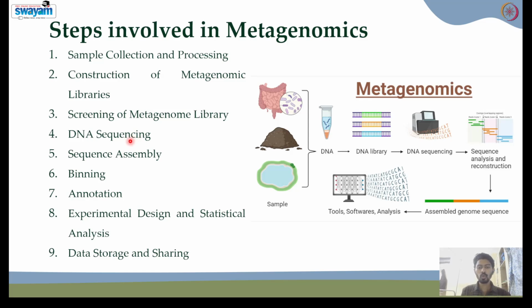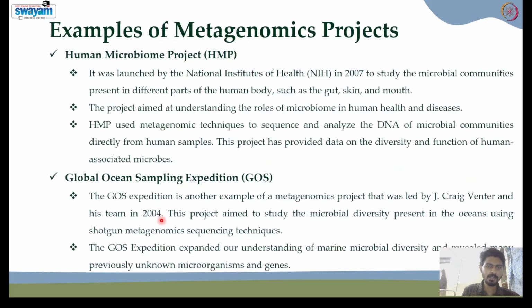We will try to assemble all the short sequences into a larger assembled genome sequence, and we will use multiple bioinformatic tools in order to do their statistical analysis, and we will store these data in libraries. And by this we could understand what genes are involved, what kind of enzymes they secrete, and how it helps in predicting their functions.